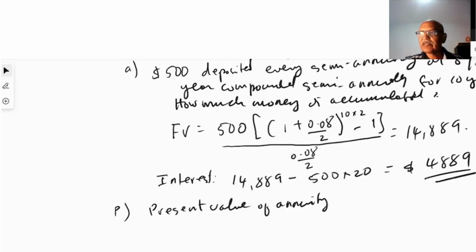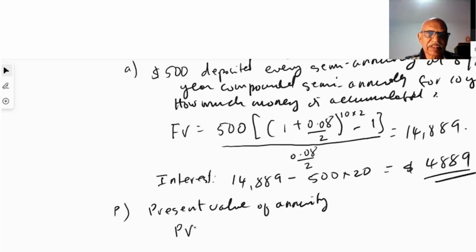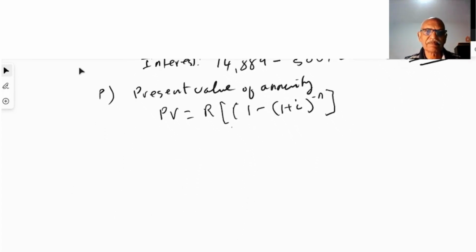Okay, so the present value formula will be R, then 1 minus (1 plus I) to the power of minus n, divided by I. Okay, so that's the formula.